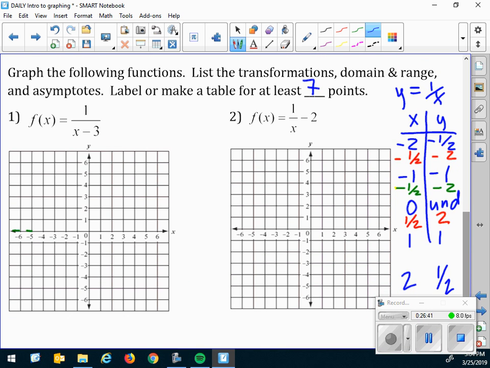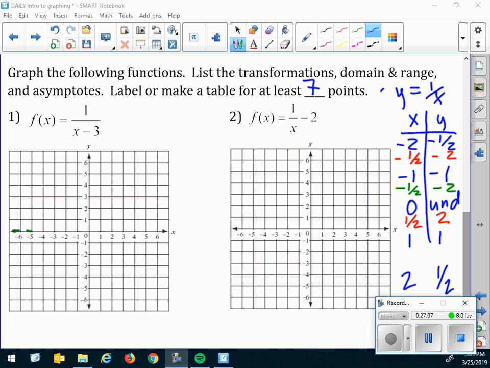Here's question number 2. F of x equals 1 over x, and then a minus 2. Now let's talk about transformations. What does that minus 2 do?